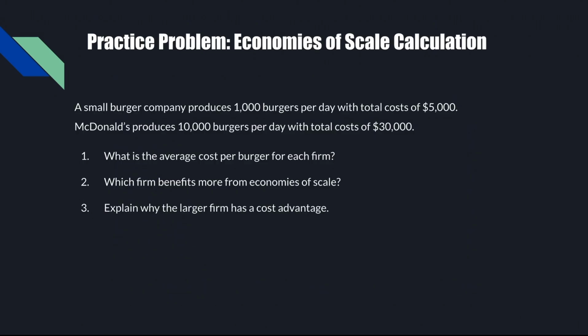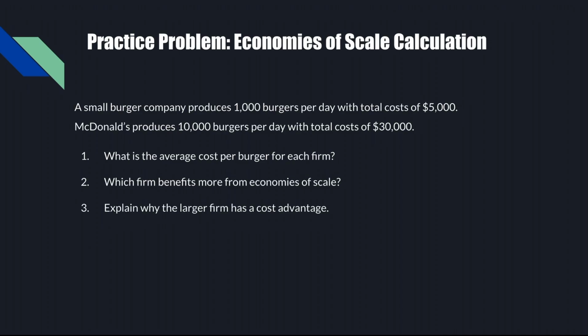Now we can move to our practice problems, since we just learned all of this about McDonald's and economies of scale. I'm going to give you the prompt, and then I will ask you the questions. A small burger company produces 1,000 burgers per day with a total cost of $5,000. McDonald's produces 10,000 burgers per day with a total cost of $30,000.